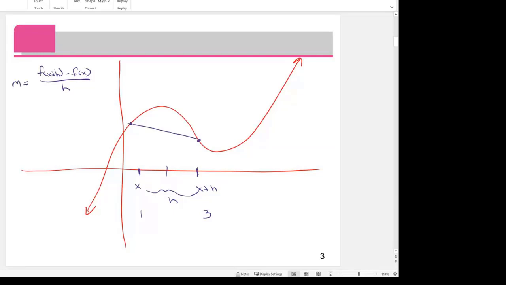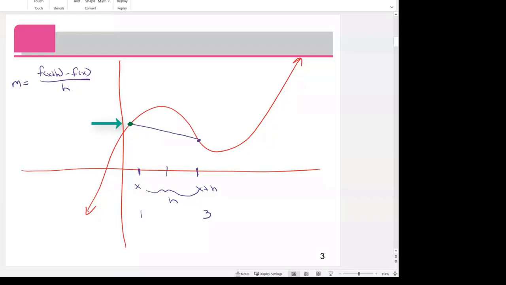But what if I want to actually find the slope of the line at a specific point? Like, for example, I want to find the slope of the line at this point.